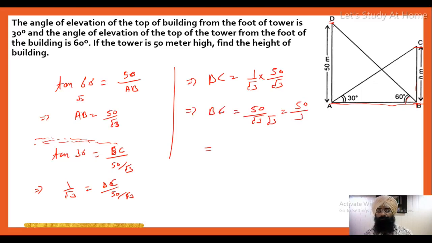So this is equal to 16, and when we divide 50 by 3, 16 and 2 by 3 meters is the height of the building. This is your height of the building. Either you can convert it to decimal or to a mixed fraction. 16 and 2 by 3 meters is the height of the building.